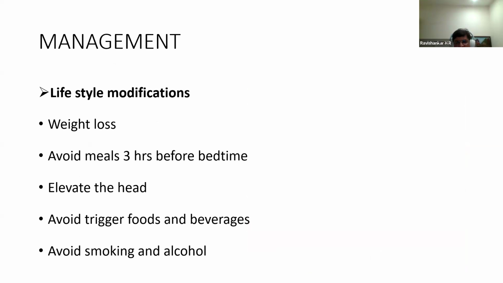So are you talking about the DeMeester score or not? In the last class, I have explained. Today, no, sir. But the DeMeester score is one of the definitive things for surgical management, right?